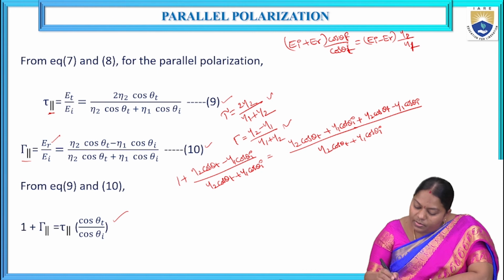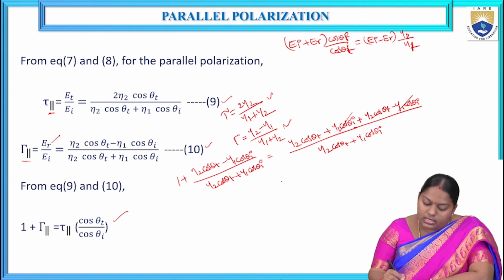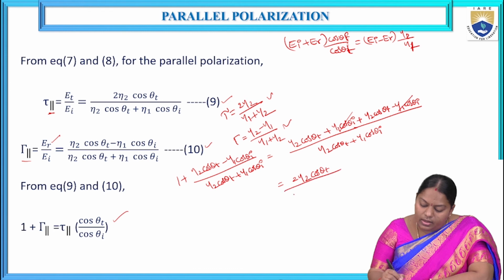If you take the LCM, then (eta 2 cos theta t plus eta 1 cos theta i) plus (eta 2 cos theta t minus eta 1 cos theta i) by (eta 2 cos theta t plus eta 1 cos theta i). Simplifying, plus eta 1 cos theta i and minus eta 1 cos theta i get cancelled, giving 2 eta 2 cos theta t by (eta 2 cos theta t plus eta 1 cos theta i).